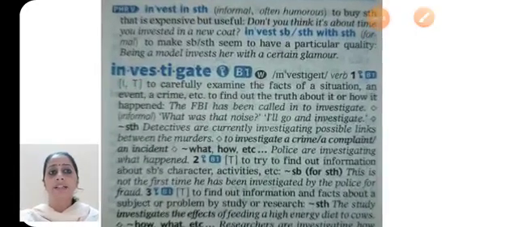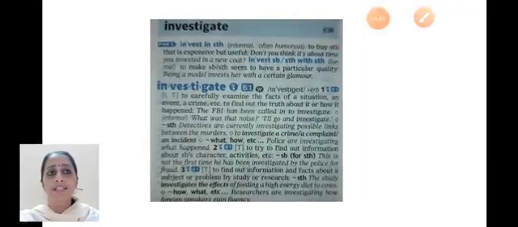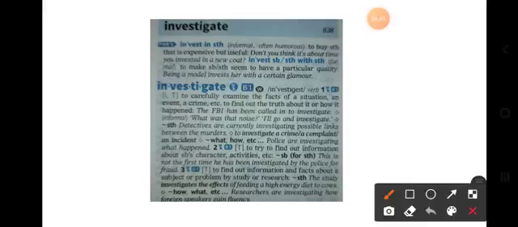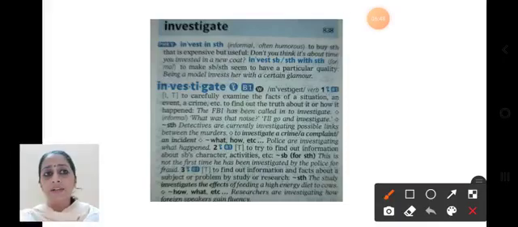Look here carefully. Here I have, if you can see the page number over here, all of you, this word investigate. It comes on page number 838 of my dictionary. Clear?